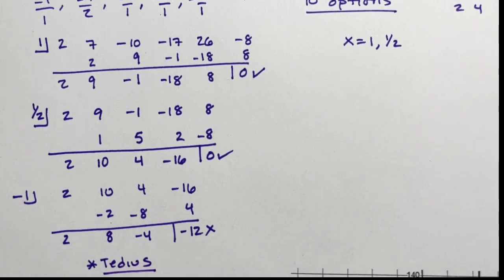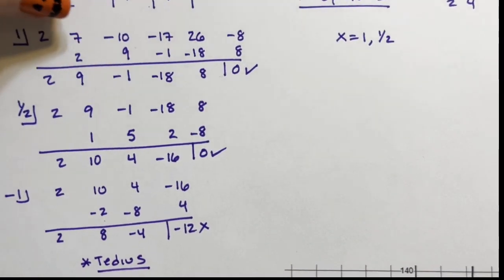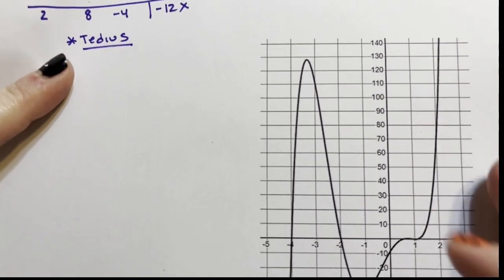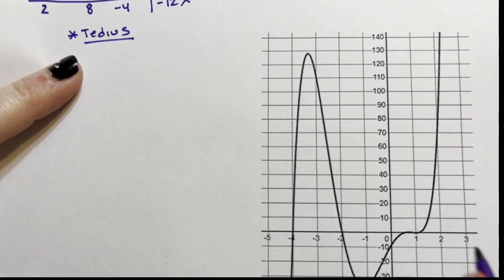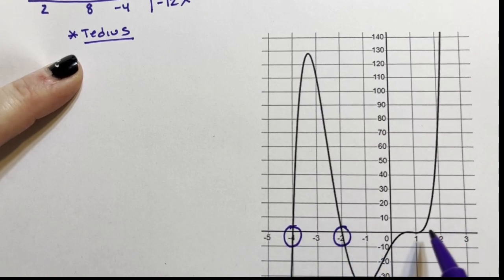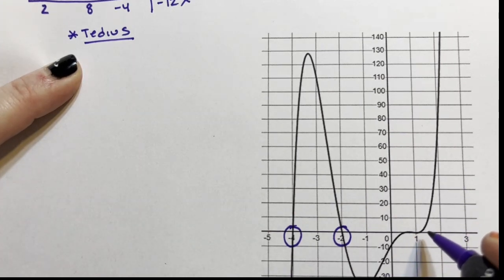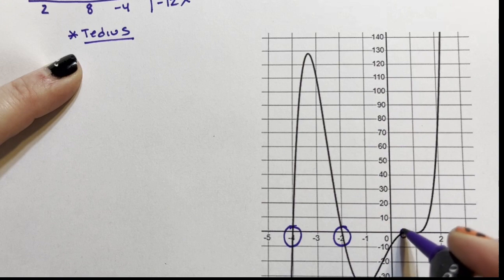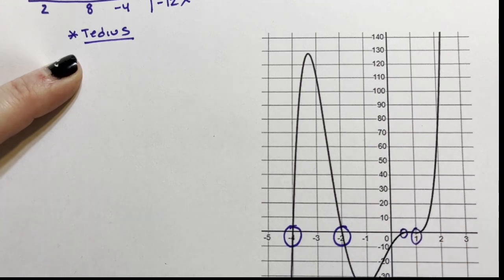We could, if it was given to us, look at the graph. And if we looked at the graph, we might notice that negative 4, negative 2, one half, and 1 are zeros.